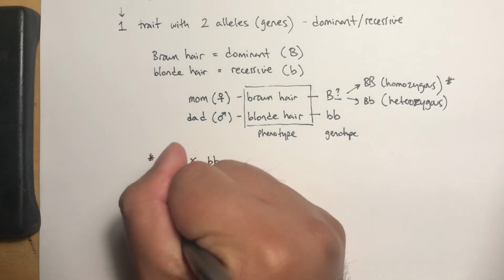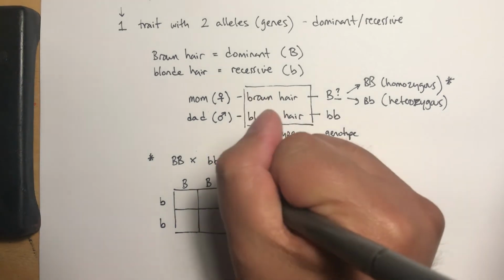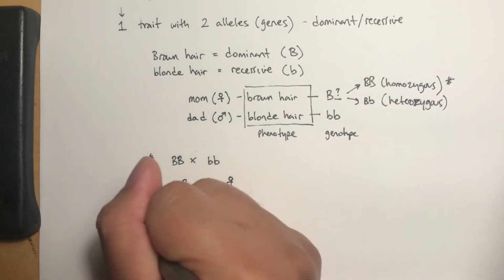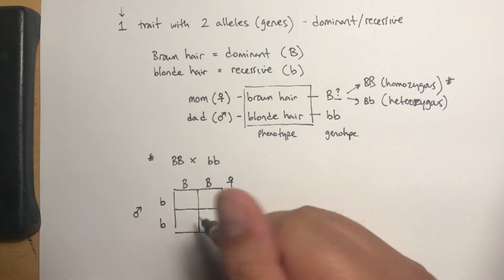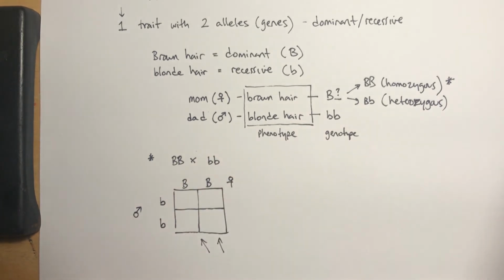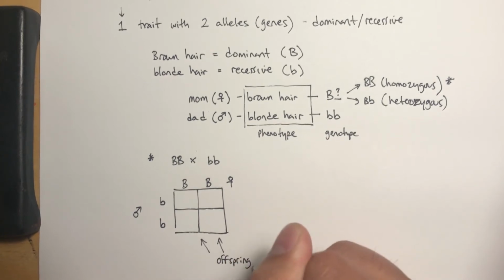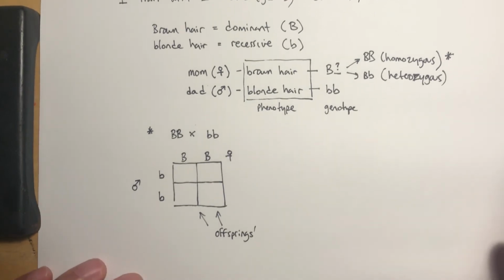And the same thing with dad. So this is mom's genotype. This is dad's genotype. These boxes represent the offspring's potential genotype.